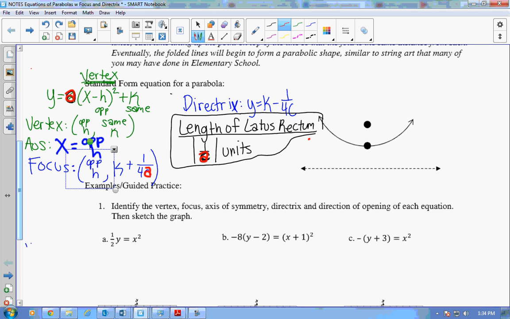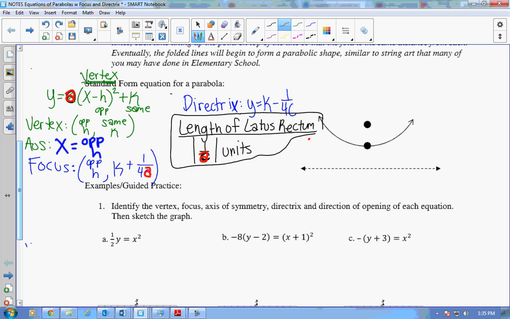They all have the same x. What changes is the y. It starts with the vertex, k, that vertical shift, but then it's either shifted up or down, depending if a is positive or negative. Okay, so put plus 1 over 4a with the focus. And then we'll do an example here on number 1 and actually use that.